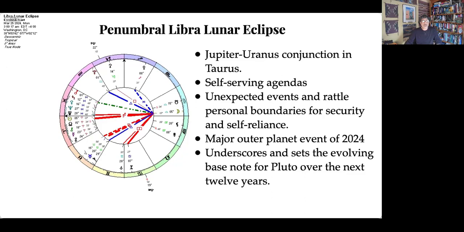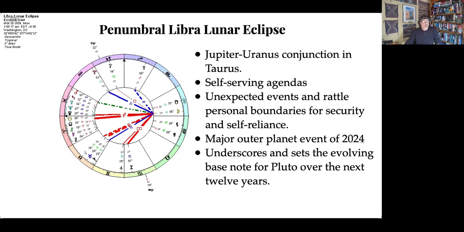There are going to be survival issues that come up on the agenda, but there will also be self-serving agendas. With all this Aries energy, there will be people who are just really focused on what they need, irrespective of what the rest of the world around them needs or what's important for the community. We can expect unexpected events, and it's going to rattle our personal boundaries for security and self-reliance.